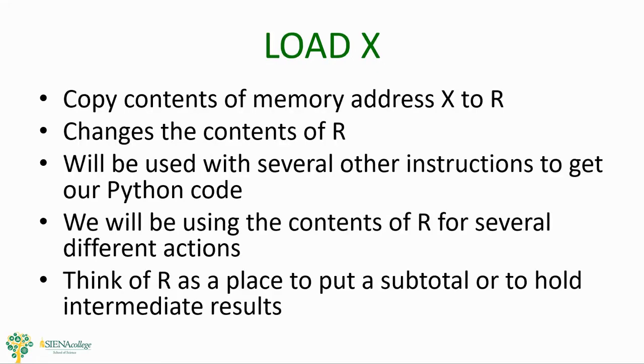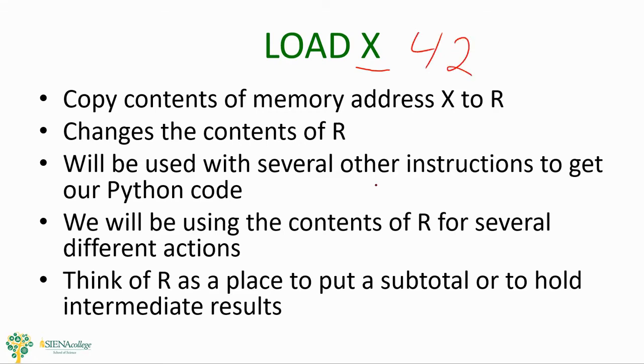The load command takes the contents of whatever we specify after the load. I have an X here, and that will always be an actual number. So we might see something like load 42.